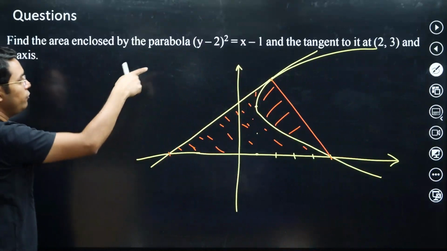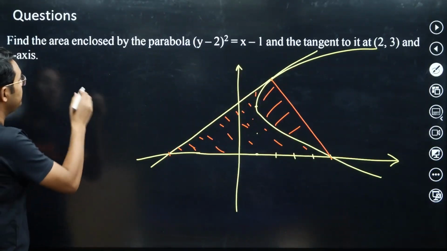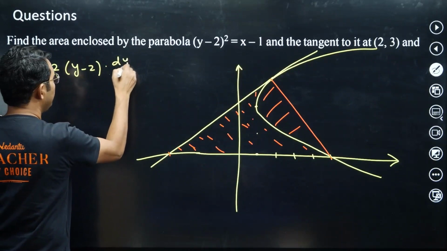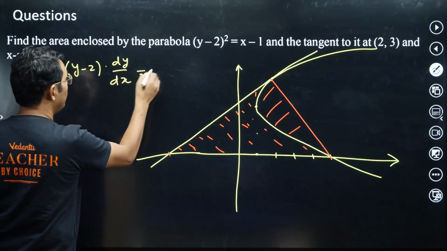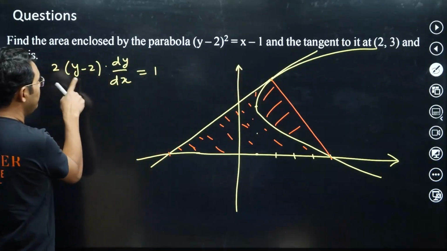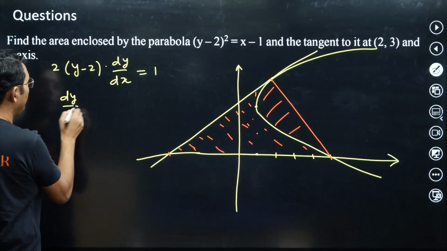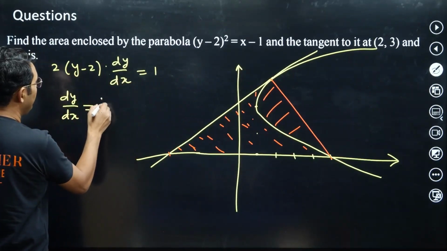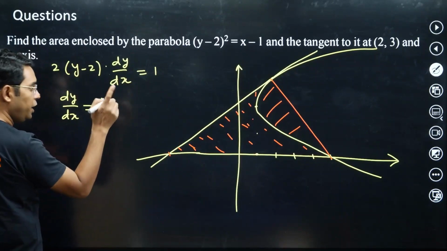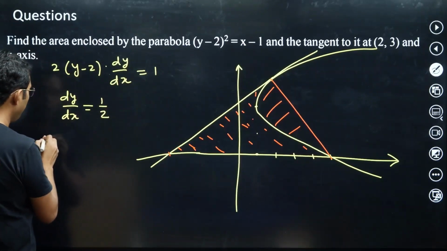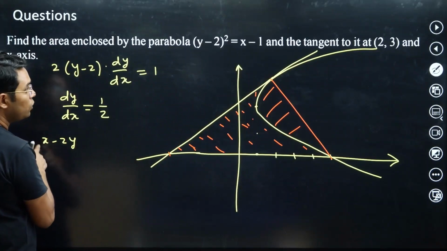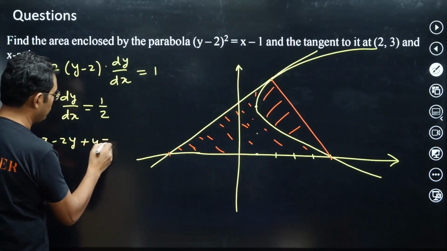For this parabola, if you do the differentiation, it would be 2 into (y minus 2) into dy upon dx is equal to 1. At the point (2, 3), dy upon dx, which is the slope of the tangent, with y as 3, will be 1 upon 2. So the equation of the line, because the slope is half, will be x minus 2y plus 4 is equal to 0.